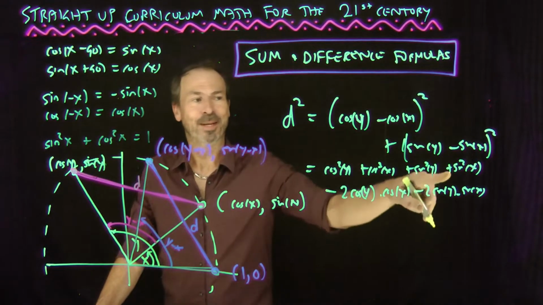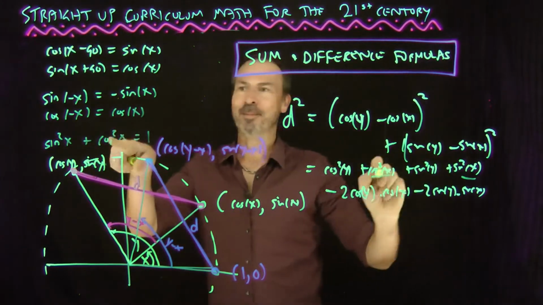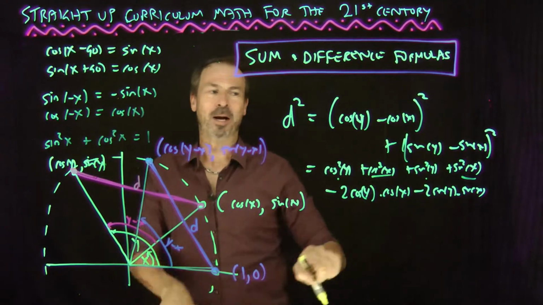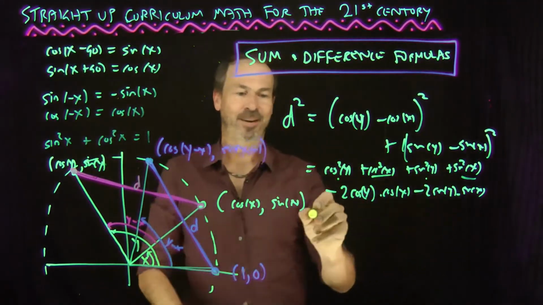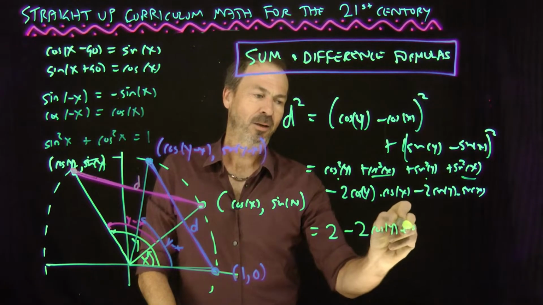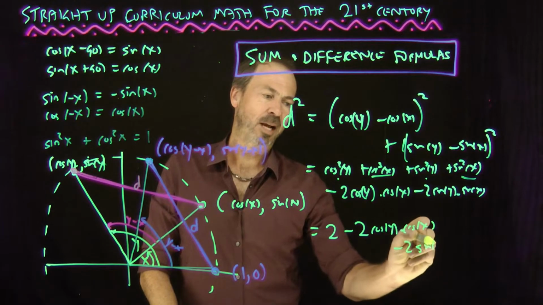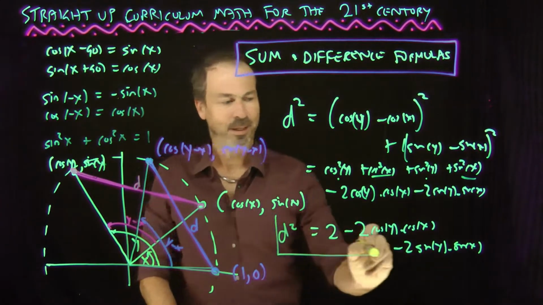Oh, but sine squared x plus cos squared x is 1. Sine squared y plus cos squared y is 1. So I've got the number 2 minus 2 times the cosine of y, cosine of x, minus 2 times the sine of y, sine of x, and that's the distance squared.